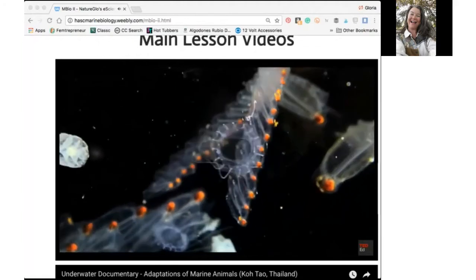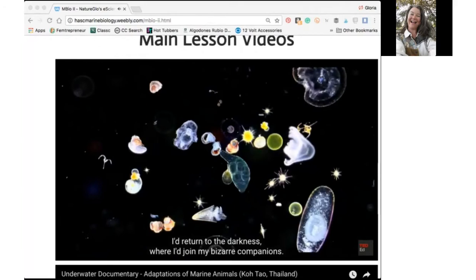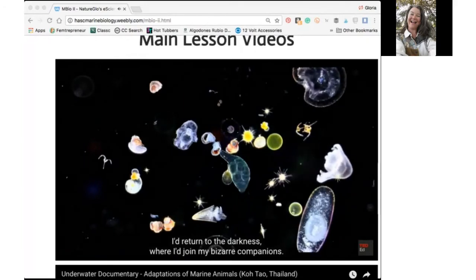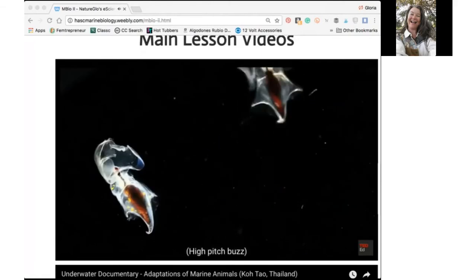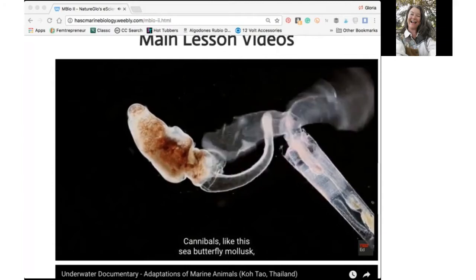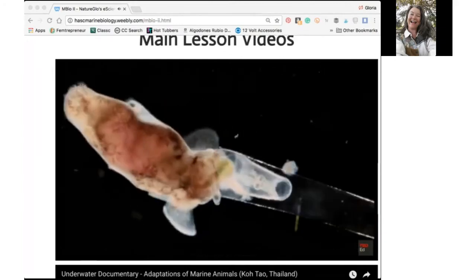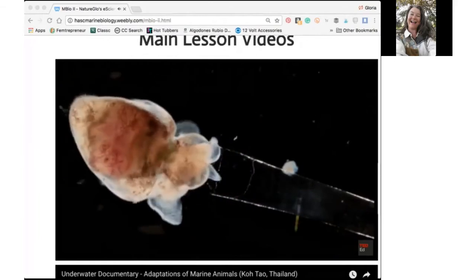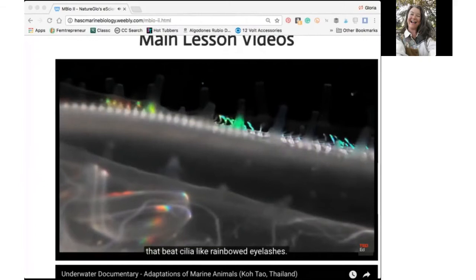Cannibals like this sea butterfly mollusk that eats its next of kin. And comb jellies that beat cilia like rainbowed eyelashes. Some of these snare their prey with sticky tentacles, while others just take a bite out of their cousins.